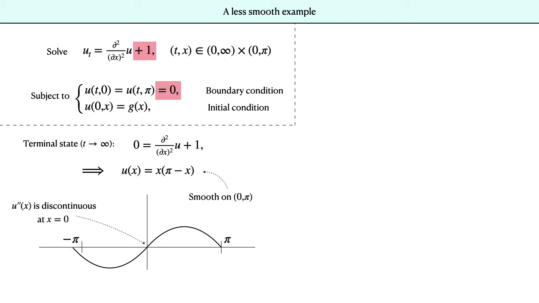This function is discontinuous in its double derivative at x equal to 0, because on the left-hand side the double derivative will be 1, while on the right-hand side the double derivative will be -1.